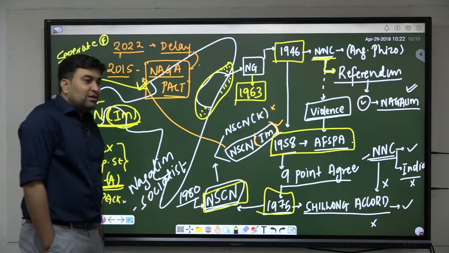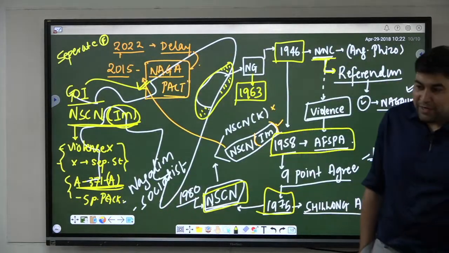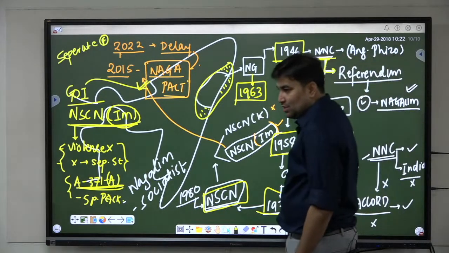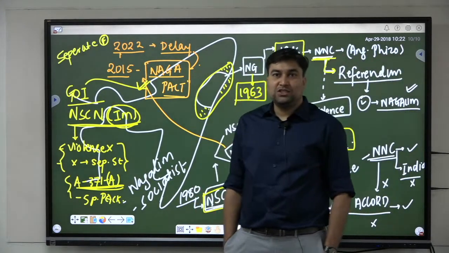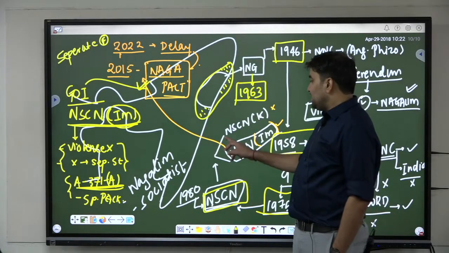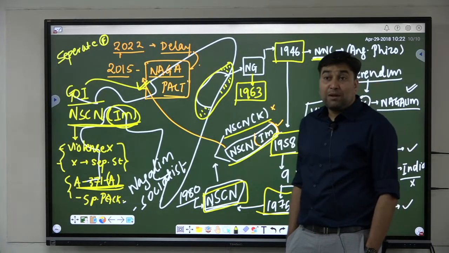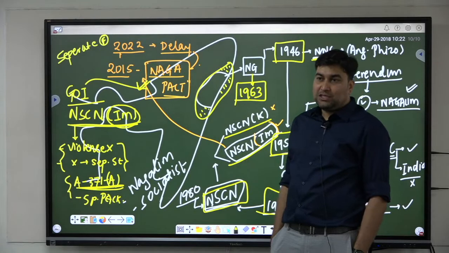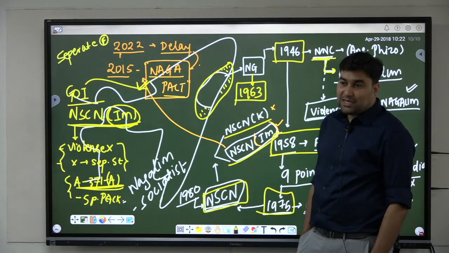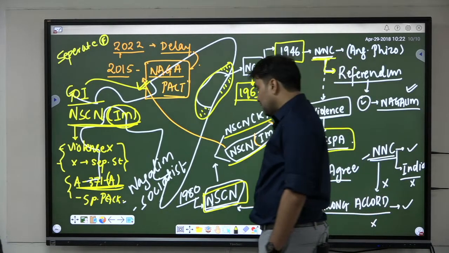It later split into two factions called NSCN-K and NSCN-IM. K is Khaplang, that is the name of the person. And NSCN-IM is Isak and Muivah.